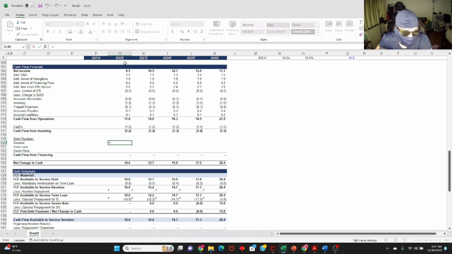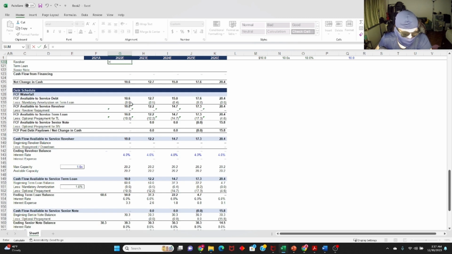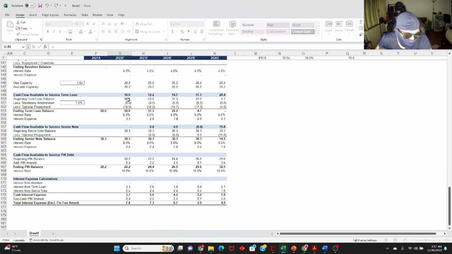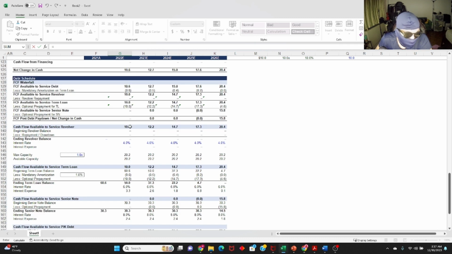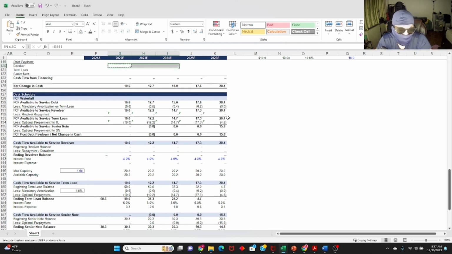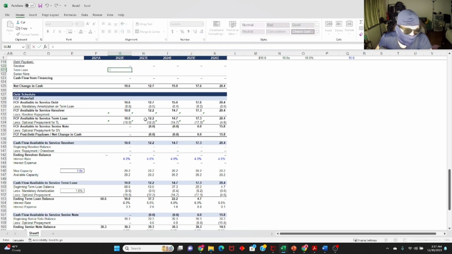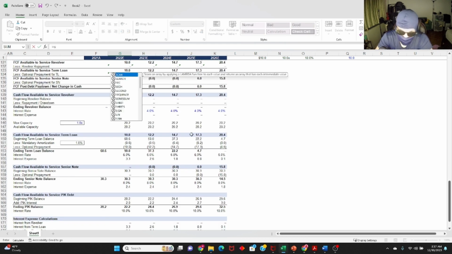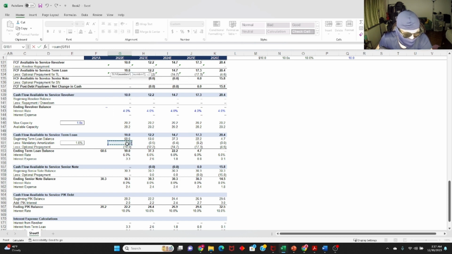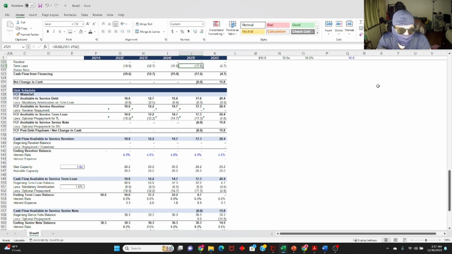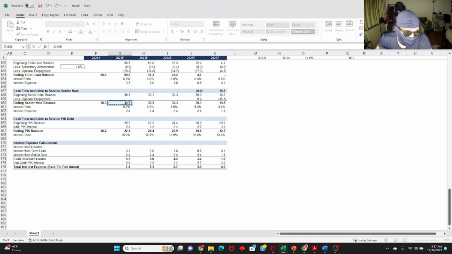So we're going to link our revolver to the prepayment. You're going to link your term loan. It's going to be the sum of your amortization, principal, mandatory amort, as well as your optional prepayment. And then your senior note is also going to be linked to your optional prepayment.